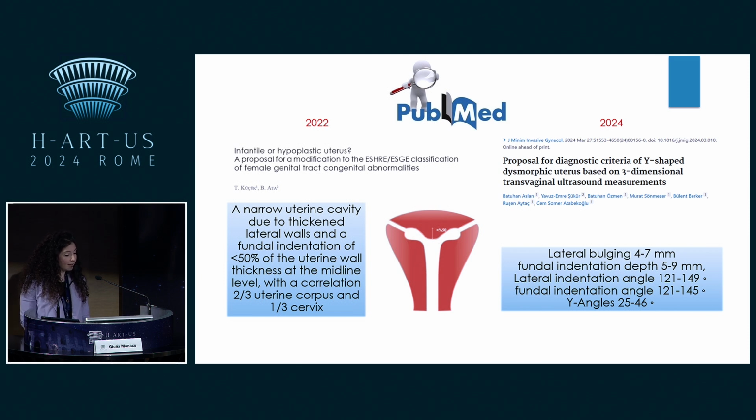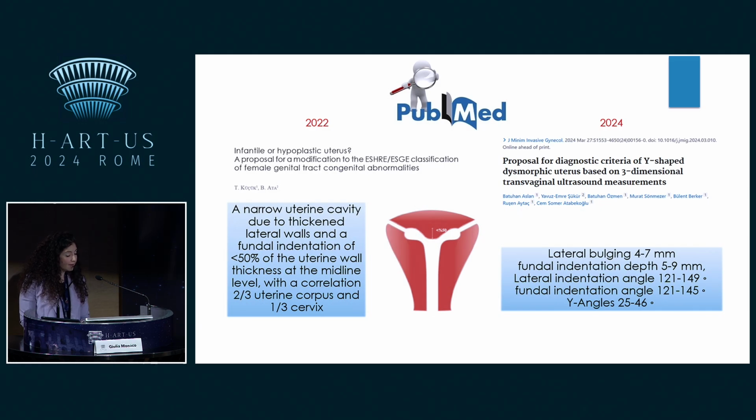In the last years, there have been a lot of definitions for the diagnosis of Y-shaped, such as the Alonso Pacheco one of 2019, but also in 2022, it was described as a narrow uterine cavity due to thickened lateral walls and a fundal indentation less than 50% of the uterine wall thickness, with a correlation of 2/3 uterine corpus and 1/3 cervix.